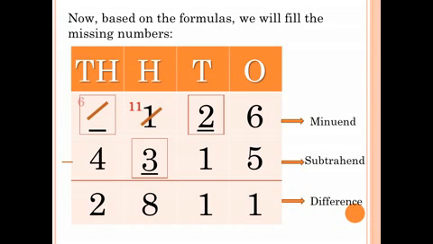So 2 plus 4 is 6. But how did we get this 6 here? We had already borrowed a number from the thousands place and given it to the hundreds place, so the number must have been 7. So we cut 7 and we put a 6 there. So 2 plus 4 is 6. And the answer in the thousands place, that is the minuend, is 7.